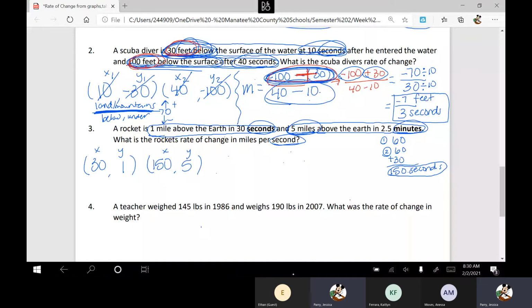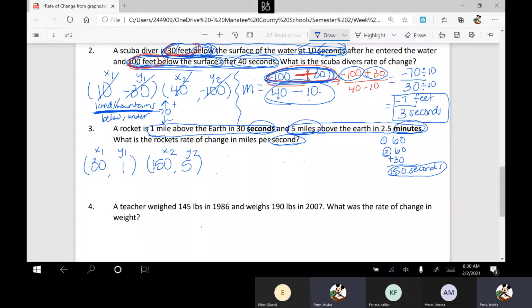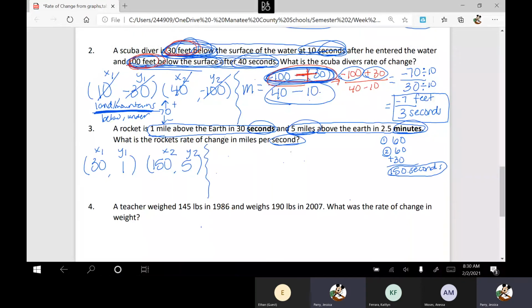I'm going to label with the 1s and the 2s. And then let's go ahead and plug it into our formula. Y2 minus Y1. What can I put up top? What minus what? 5 minus 1. Perfect.